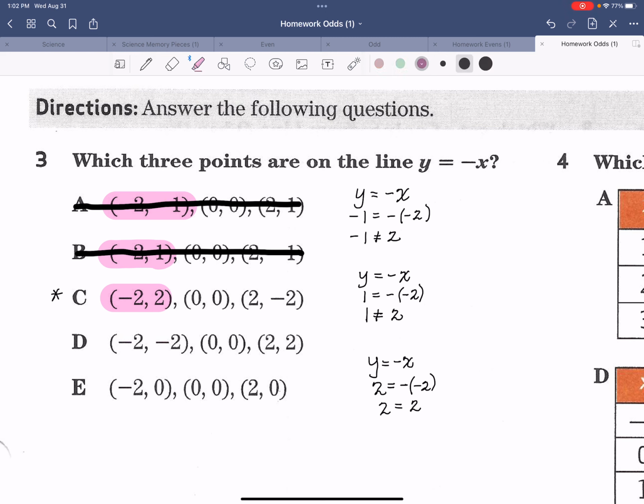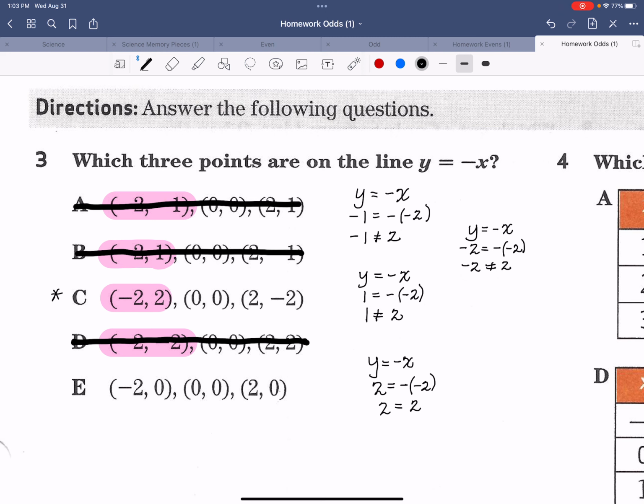So let's keep going. I'm going to check the first one in each set. So here is y equals -x. So you have -2 equals -2. And that is not true. So we can eliminate that one.